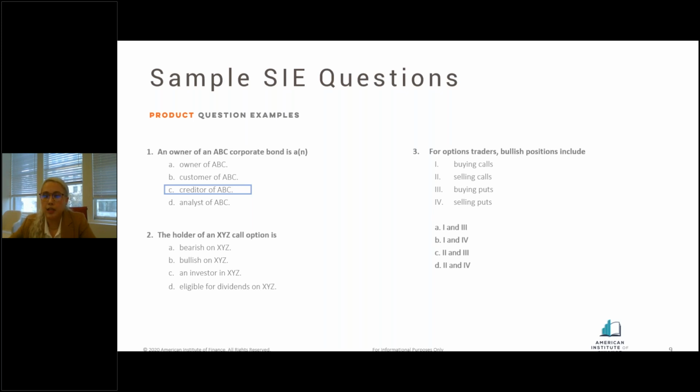Perhaps you were thinking, you see the word owner of ABC corporate bond, and you may think that the owner of a corporate bond is actually an owner of ABC. That's not the case.